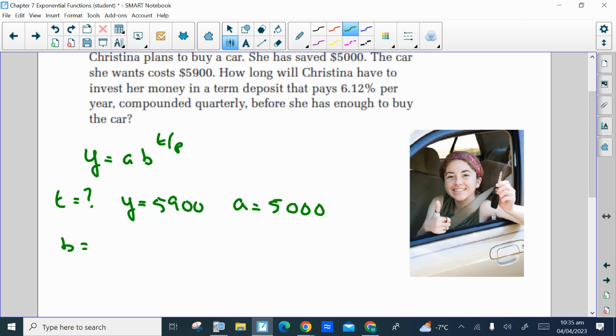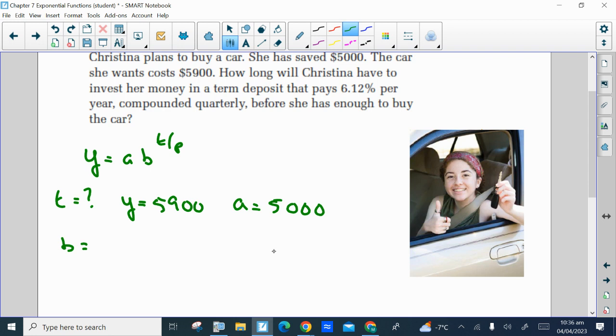Her interest rate is 6.12% per year, per annum, but it's compounded quarterly, which is 4 times a year. That's what that means, or every 3 months. And in fact, that will be our p-value.